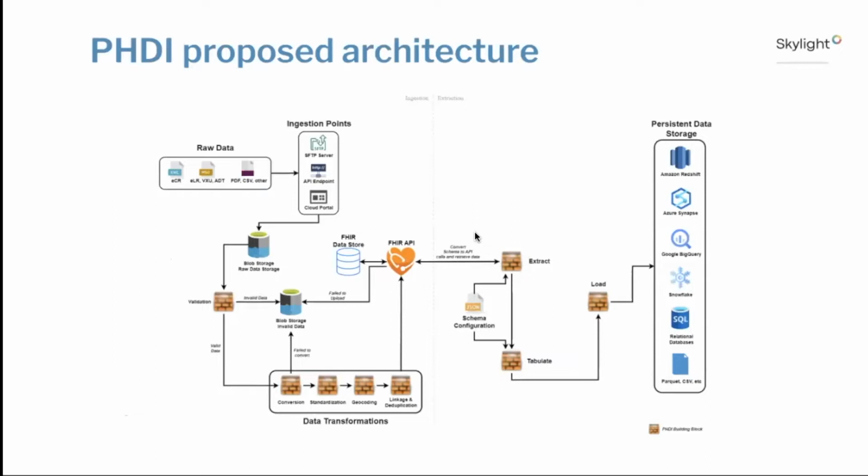This is an architecture diagram of what we ended up building for Virginia as a result of this partnership. We're going to spend basically the bulk of the talk talking in detail about each of the steps, but to provide a brief high-level overview, if we start in the top left corner here, we receive raw data or source data.